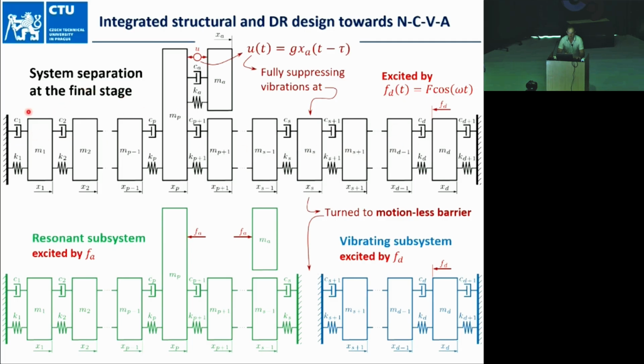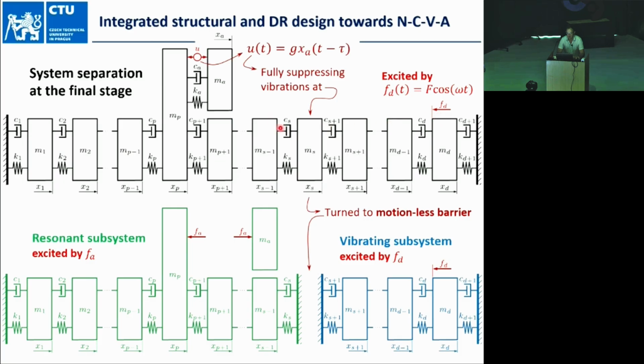We have the original system with the bodies. The absorber is mounted on this P-body, and we want to suppress this body MS, after the vibrations, which are excited from here, so we have the harmonic excitations.